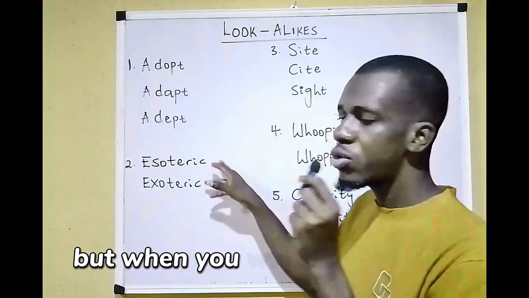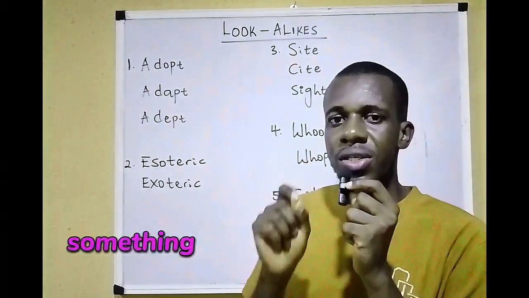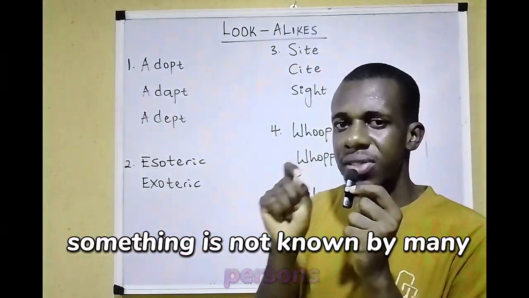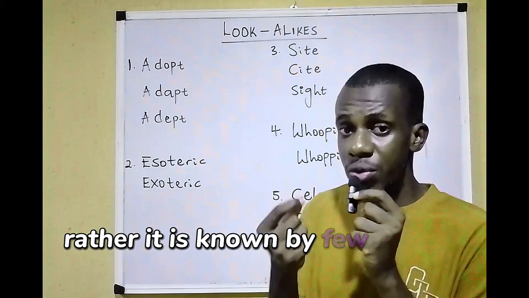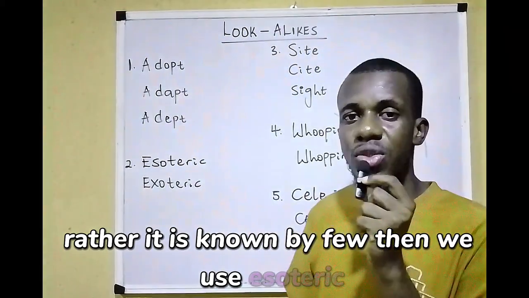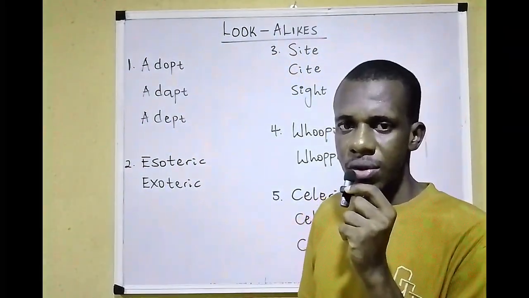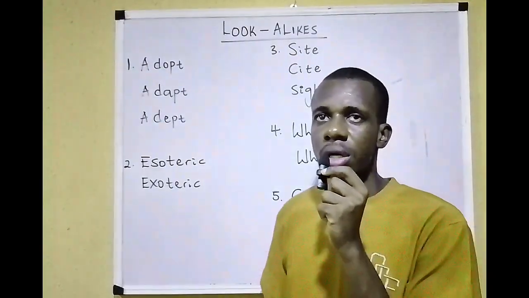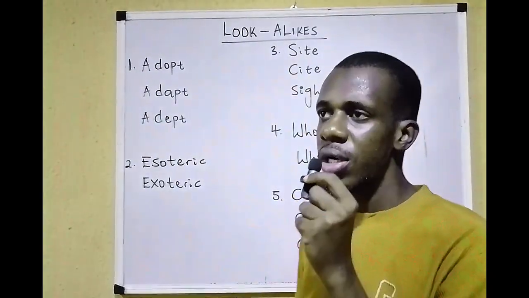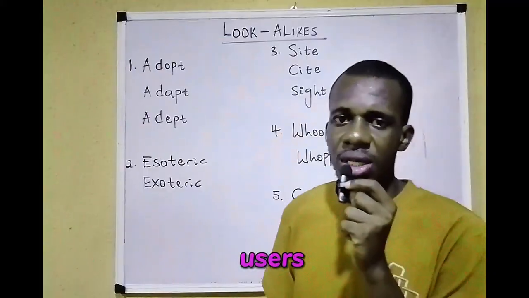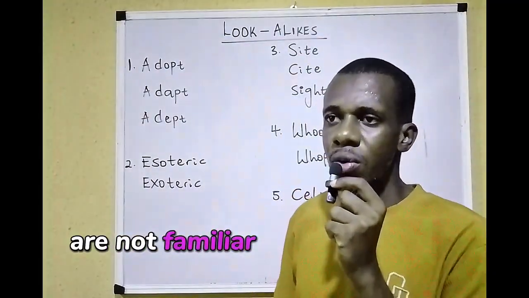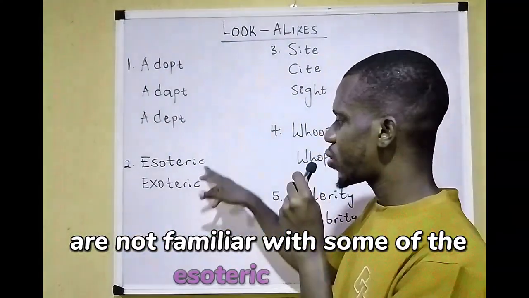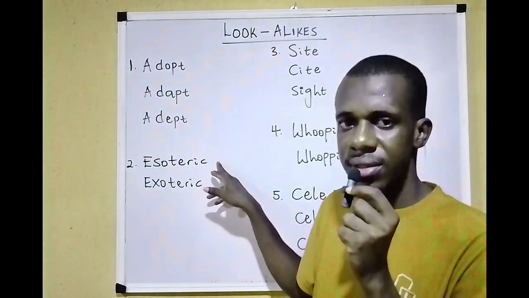But when you want to mean that something is not known by many persons, rather it is known by few, then we use esoteric. So I could make a sentence, for example: most English language users are not familiar with some of the esoteric phrases.